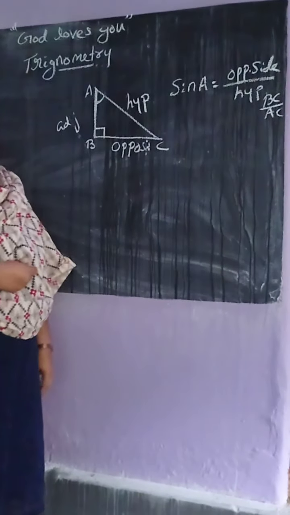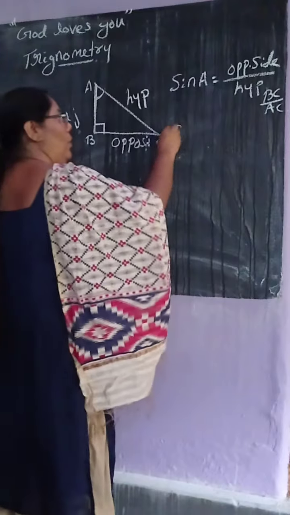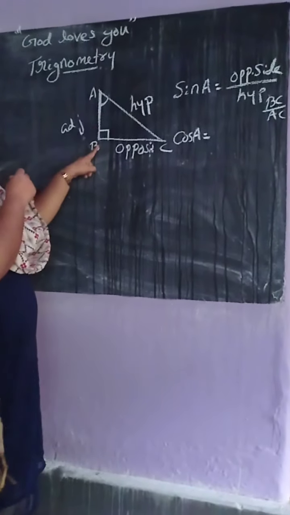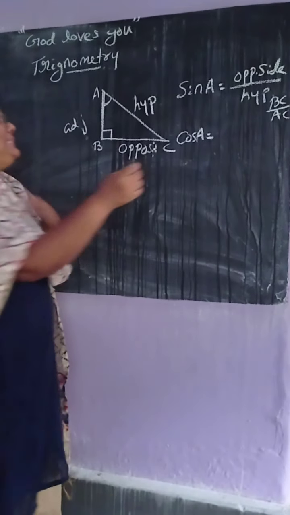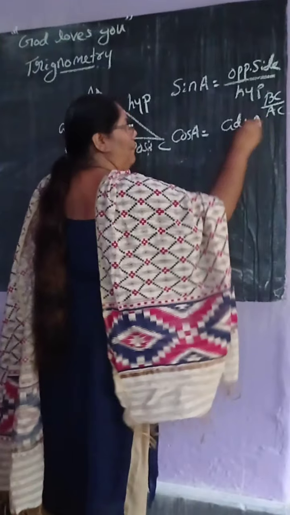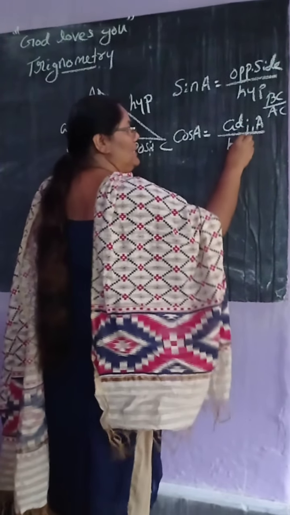The second trigonometrical ratio is cos A. Cos A is equal to adjacent side by hypotenuse.